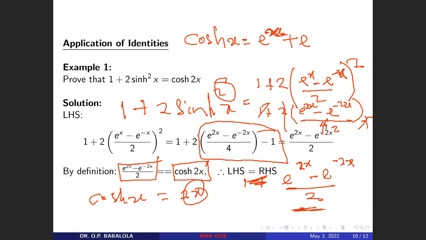I'm here on this slide, so let's attend to what someone pointed out here. And so he was asking, shouldn't it be... yes, I have written it as exponential 2x minus exponential minus 2x, right?